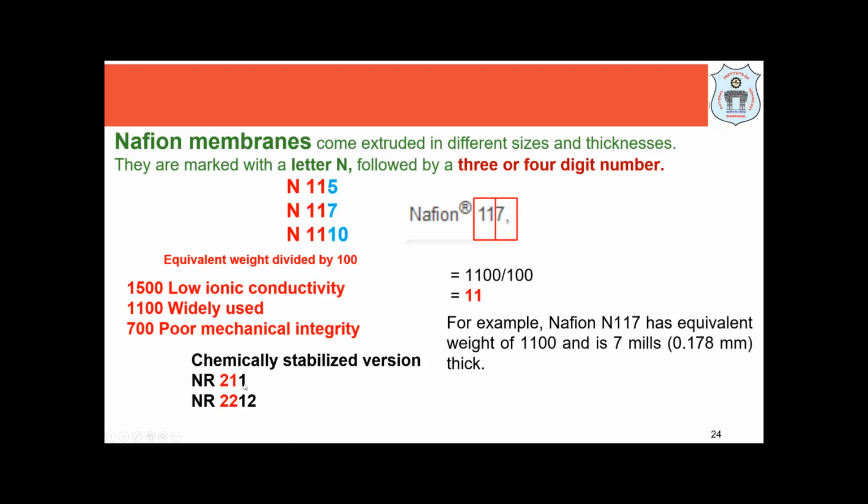So you have NR211, NR212. This first 2 digits represent their equivalent weight, and those are the chemically stabilized ones. So when you have 1, it represents 1 mil thick, 1, 2 represents 12 mils thickness. That way, the third and fourth digits represent the thickness.